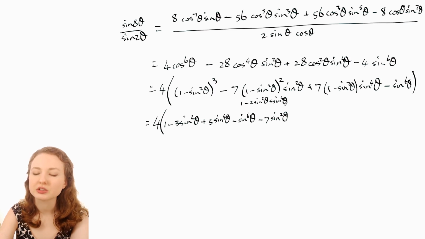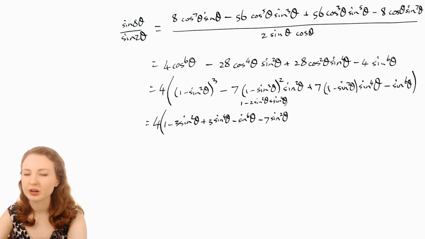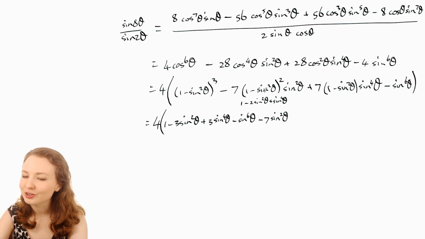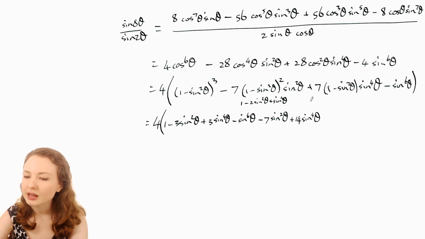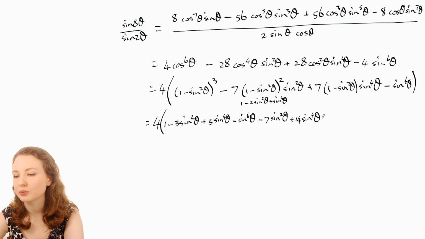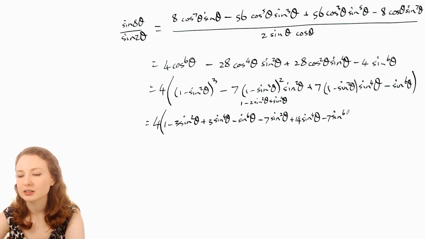You can do this expansion in 2 steps if you like. I'm just trying to rush through it. So you've got the minus 7 times the minus 2, so that makes plus 14 sine squared times sine squared, sine to the 4th. And then we've got the minus 7 sine to the 4th times sine squared, so minus 7 sine to the 6th theta.